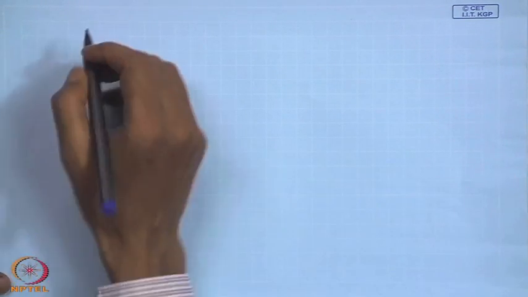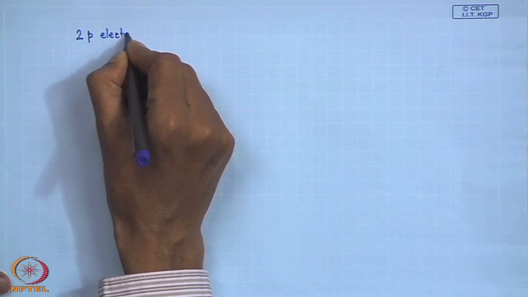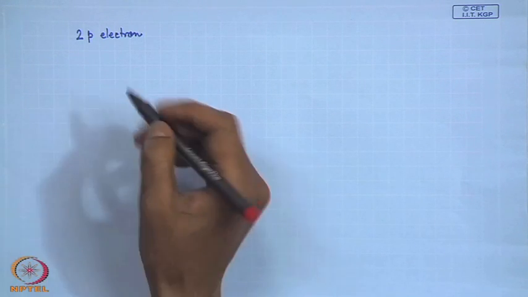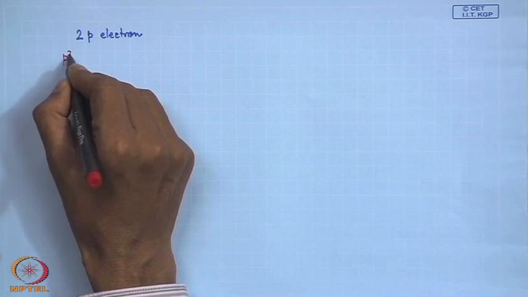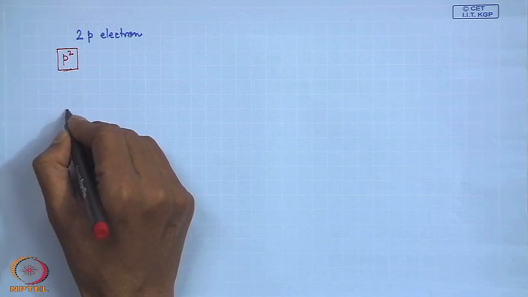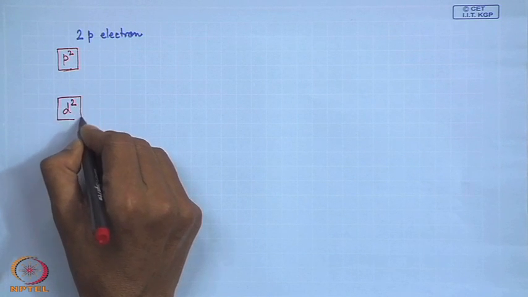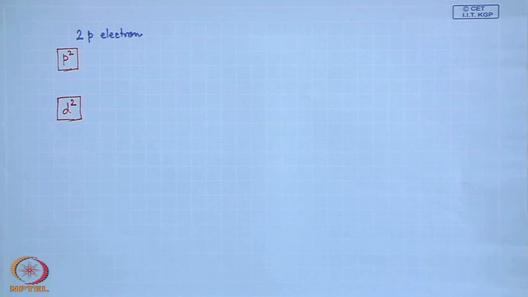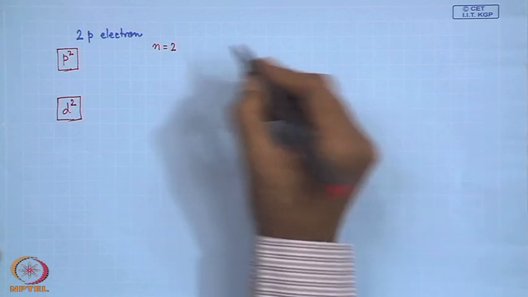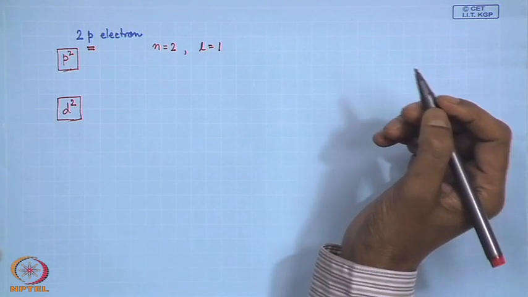So, if we have a 2p electron system, in the simplest possible case, a p2 electronic configuration, since it is a 2p electron, the n value is equal to 2, and since it is p, the l value will be equal to 1.